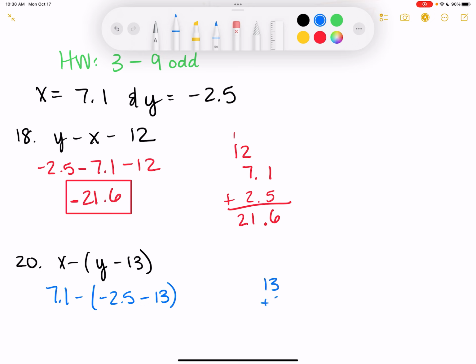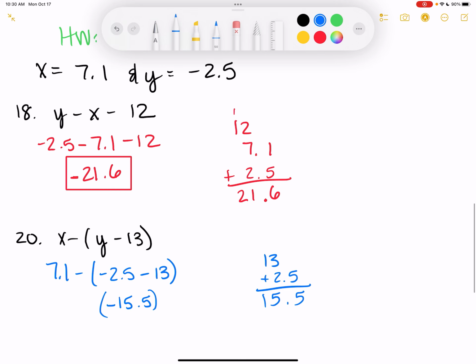So 13 plus 2.5, so that's 5, decimal, 5 and 1. So this is going to be negative 15.5. I'm just going to keep the parentheses around it for now just because of the sign. So 7.1 minus a negative 15.5. What does the minus the negative do? Makes it positive. Yep.